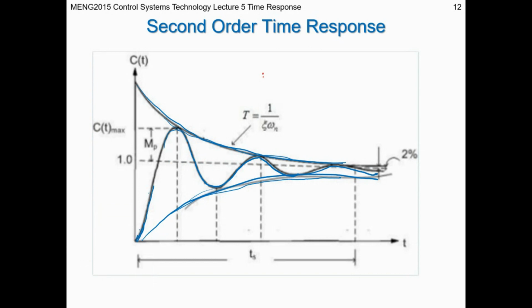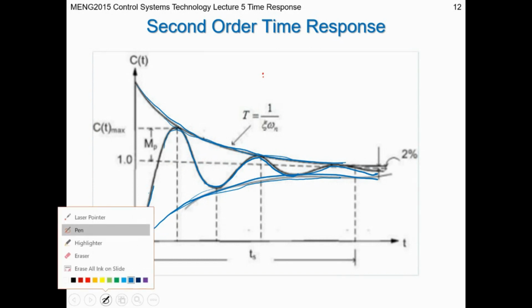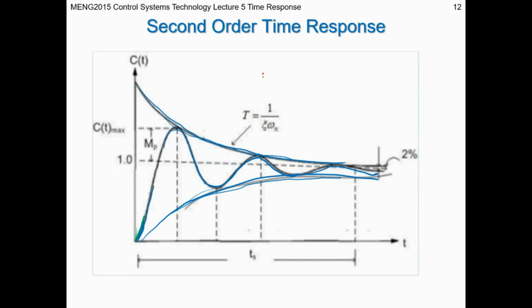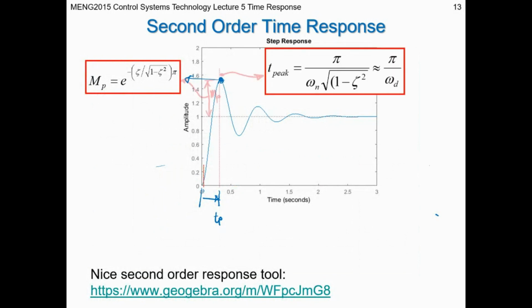The green line here, this is our actual output, and the output is bounded by these two exponential terms in blue. Because if we want it within 2%, these blue lines have to converge down towards the final value of our system.